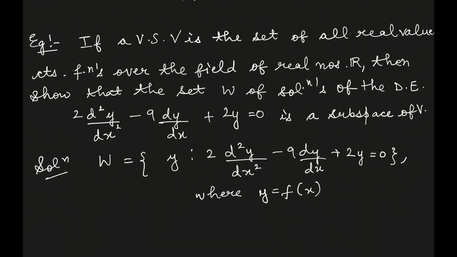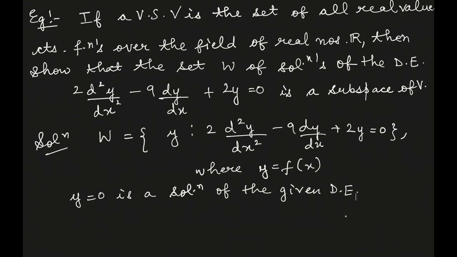Now, as this is a homogeneous differential equation, y equal to 0 is a solution of this differential equation. This means 0 belongs to W, which means that W is non-empty.